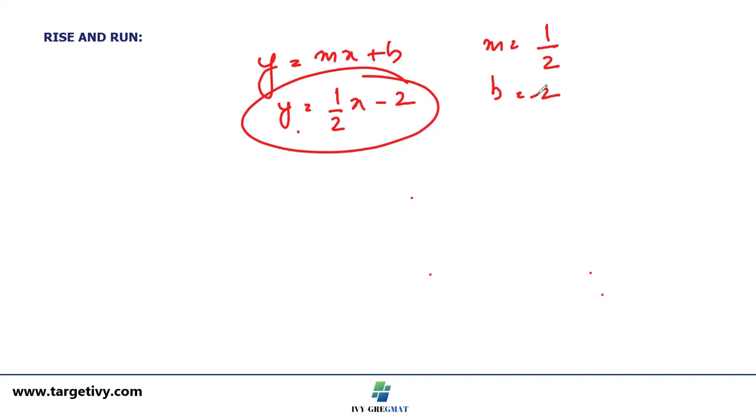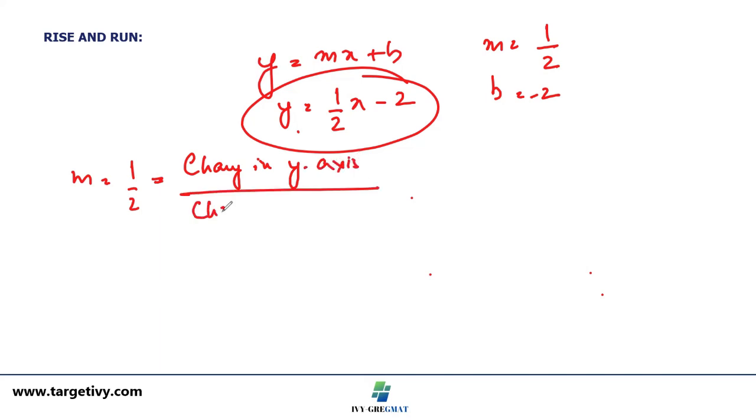So in this, m, which is equal to 1 by 2, we can always write as change in y-axis by change in x-axis.